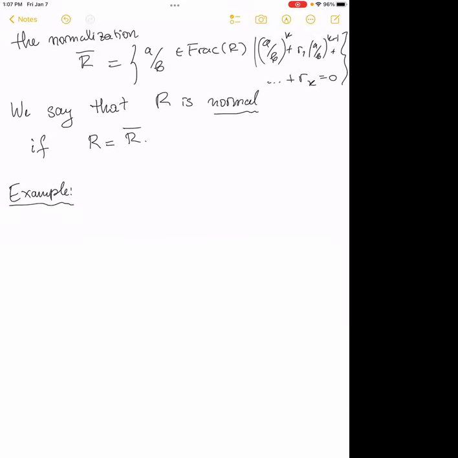Start with this algebraic variety, a nodal curve. This is the hypersurface, or curve in the plane, given by the zero locus of this equation. You can assume I work over the complex numbers, and my R here is the coordinate ring, where K is the ground field.